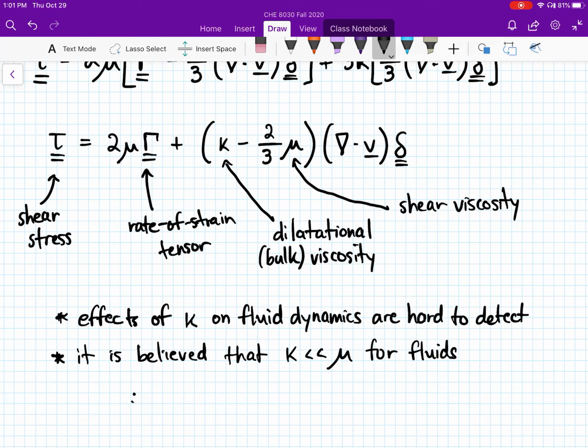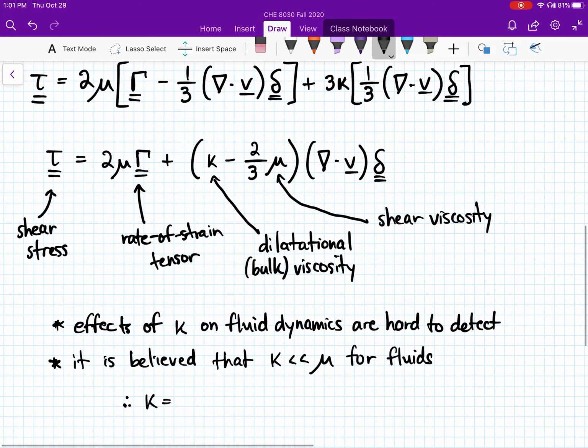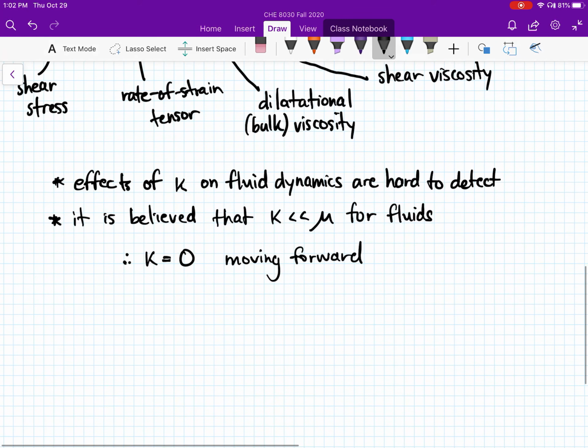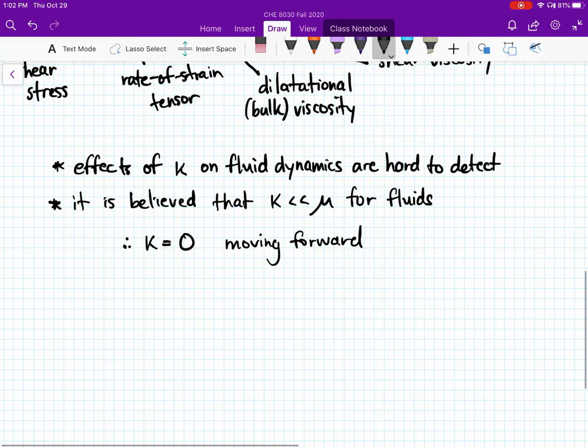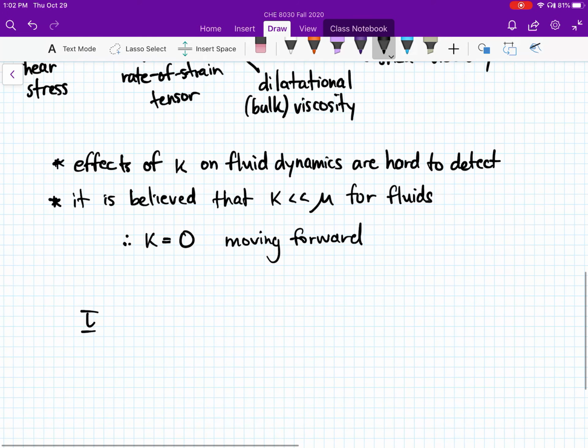And so moving forward, we will always make the assumption that the bulk viscosity, or kappa, is equal to 0. If we make that simplification to our equation, we end up with the following constitutive equation for a Newtonian fluid.